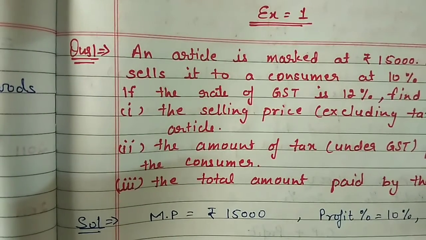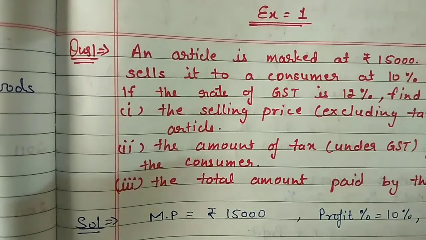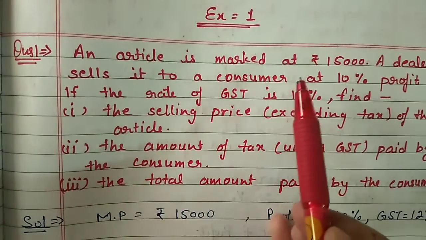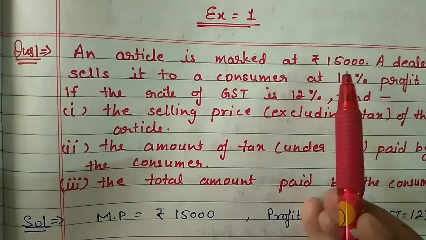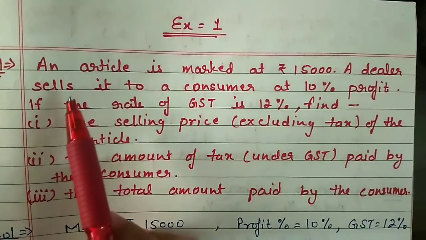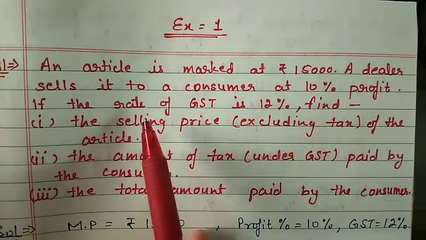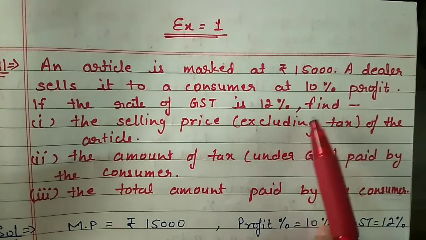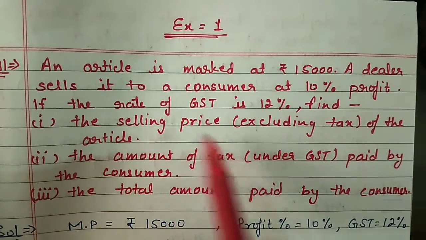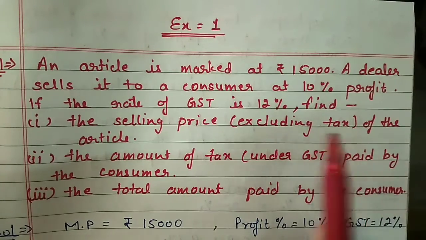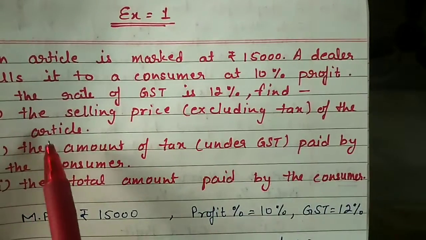Now we will discuss exercise 1. Question number 1. An article is marked at rupees 15,000. A dealer sells it to a consumer at 10% profit. If the rate of GST is 12%, find the selling price excluding tax of the article.